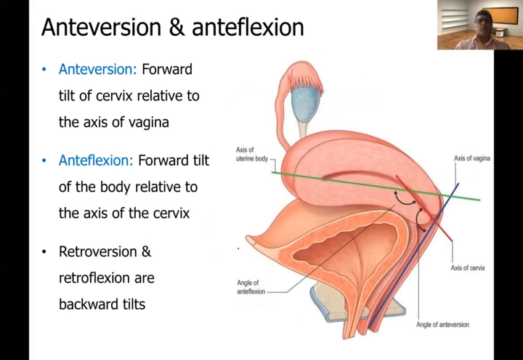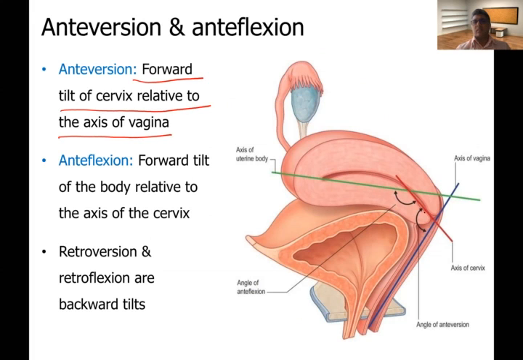The position of the uterus, I promised you to discuss the position of the uterus. In a normal person, the uterus is anteverted and anteflexed. Normally it is anteverted and anteflexed. Now anteversion is the forward tilt of the cervix of the uterus relative to the axis of the vagina.